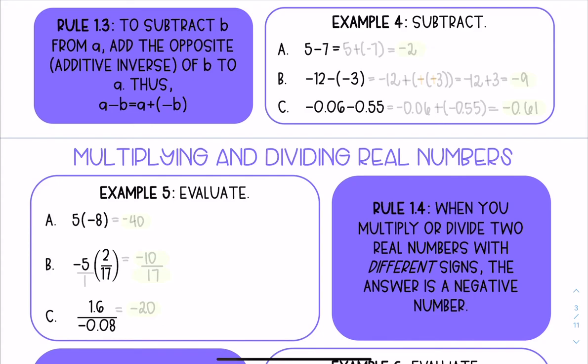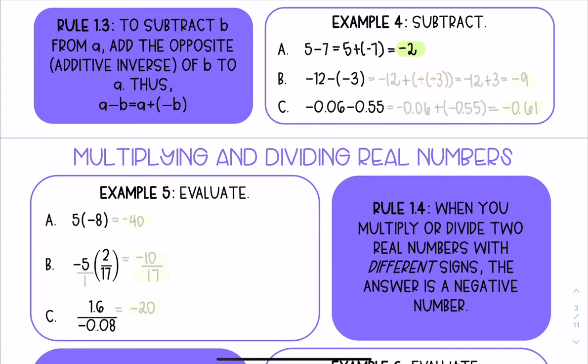We can rewrite this as 5 plus negative 7. And then we're referring back to that rule beforehand. We have two different signs, and because 7 is the bigger number and it's negative, that means that my answer will be negative, and we take the difference between 7 and 5, which is 2, so we end up getting negative 2 as an answer.